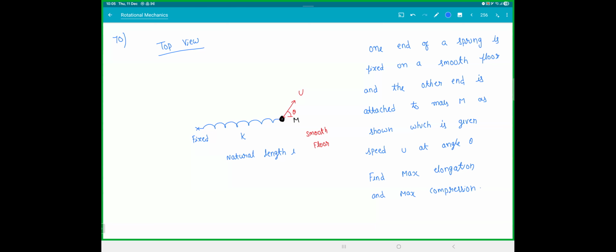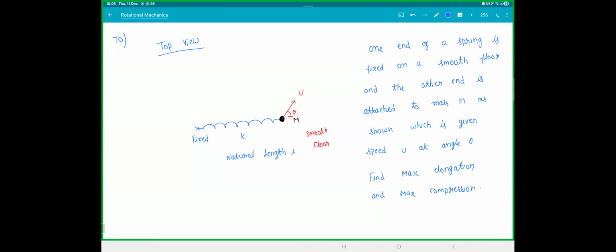Let's give it a try. Just get the equation. Solving this is a mess. You don't have too many variables.